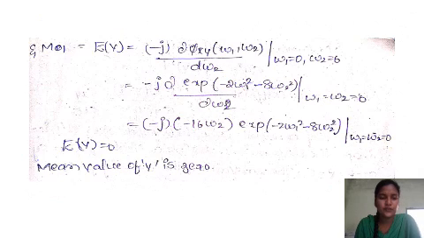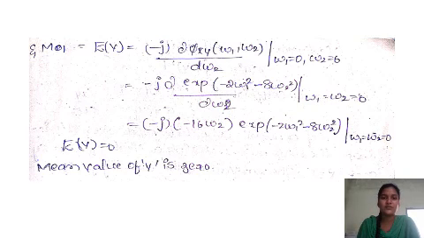Now if you calculate m01, that is the expectation of y, we need to differentiate with respect to ω2, that is minus j into ∂ by ∂ω2 of Φxy(ω1, ω2), where ω1 and ω2 are equal to 0.